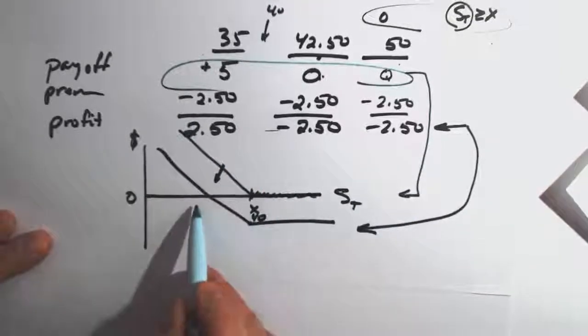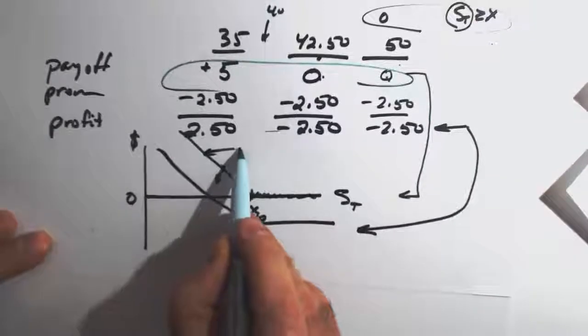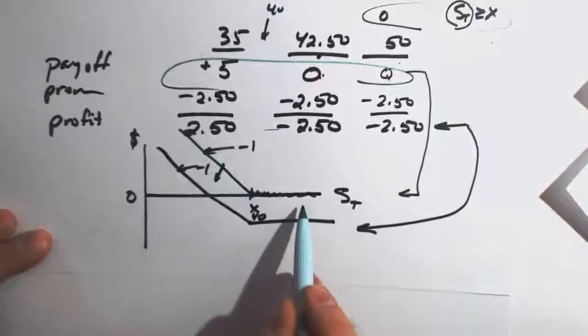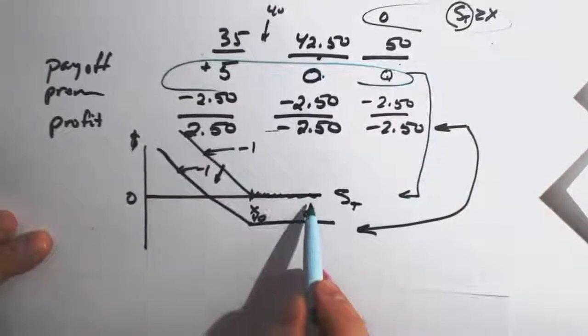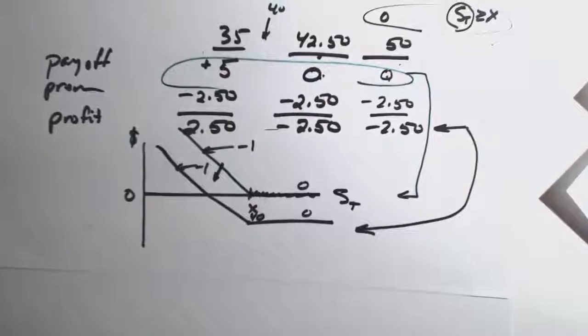So for every dollar you go down, you go up. So that's why this is a slope of -1. Flat lines, slopes of 0. No change. Okay. So there you have it.